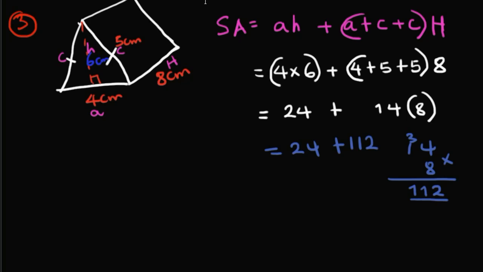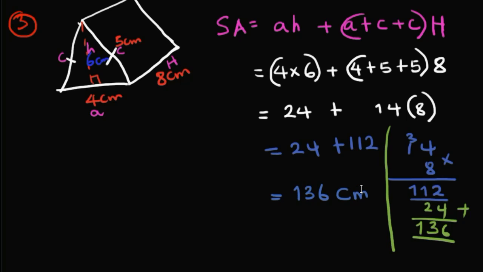Let's get the sum. 112 plus 24. This is 6, this is 3, and this is 1. So we come up with 136 square centimeters.